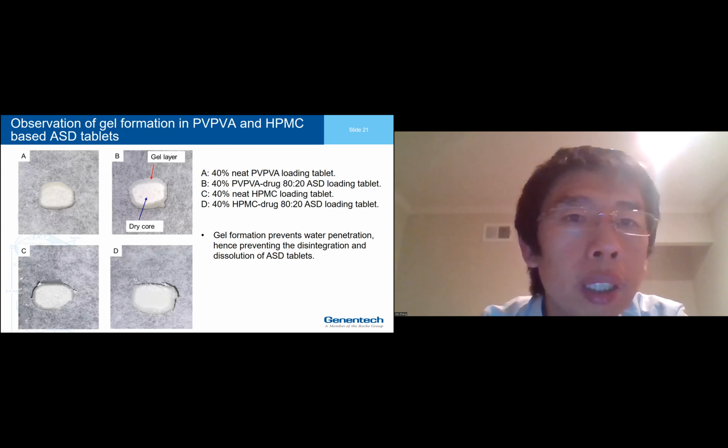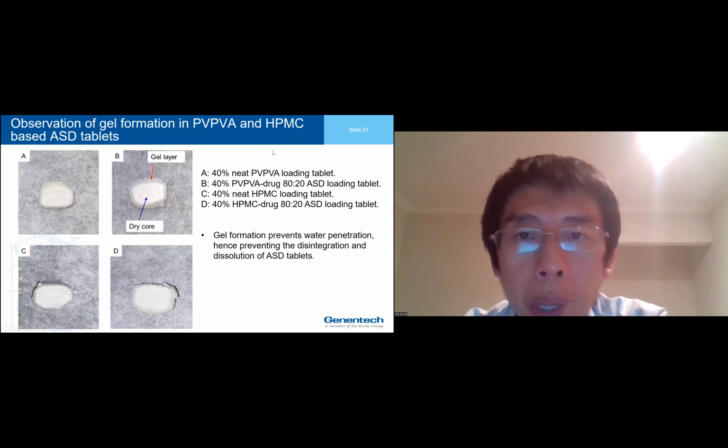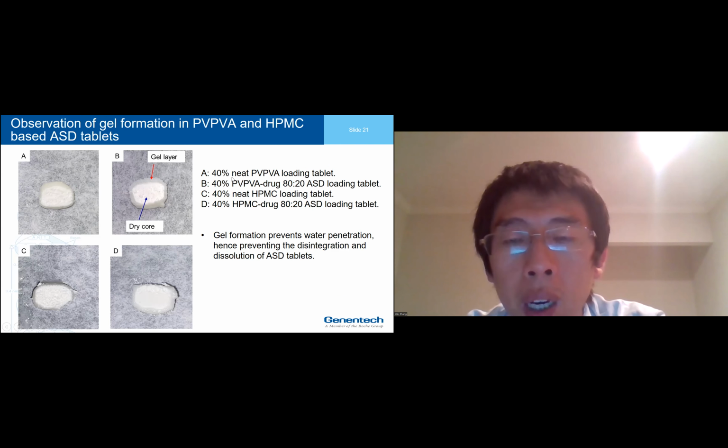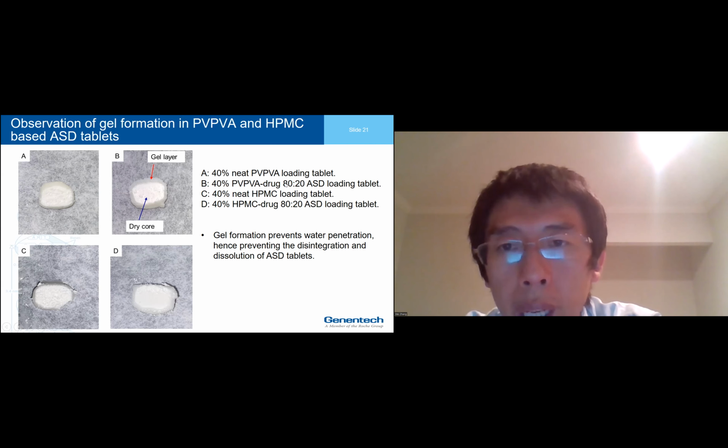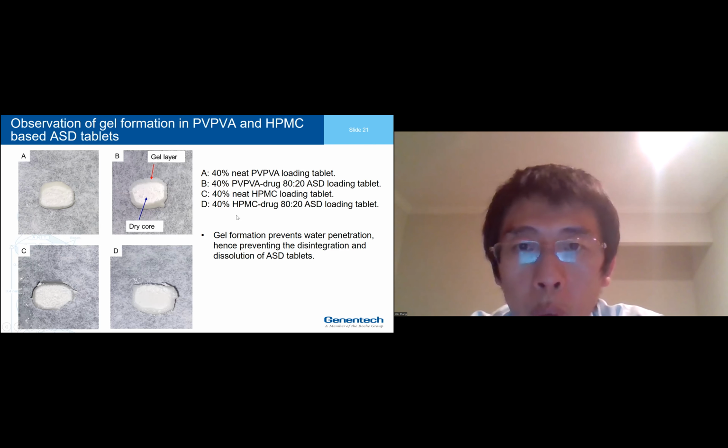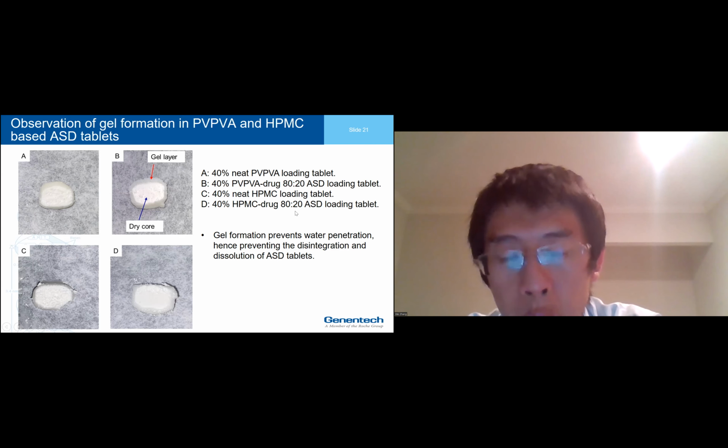So to understand what's happening, we made the tablets at 100% PVPVA, 100% HPMC, and PVPVA to drug 80 to 20% ratio, or HPMC to drug 80 to 20% ratio.